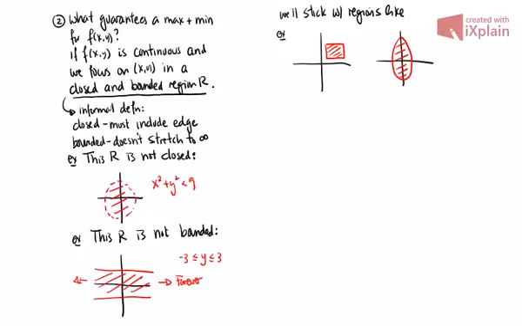So that's the situation. Just to clarify, we'll have f of x, y continuous and defined on a region like this, let's say on an R like these, and we'll find the max and min.